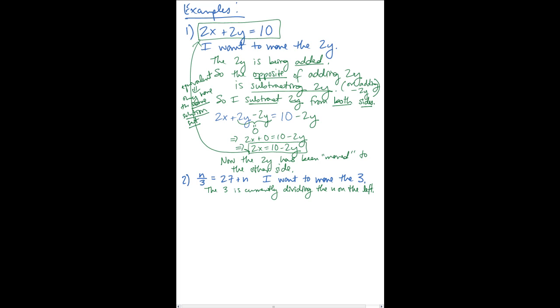So the opposite would be to multiply by 3. So I want to multiply both sides by 3.